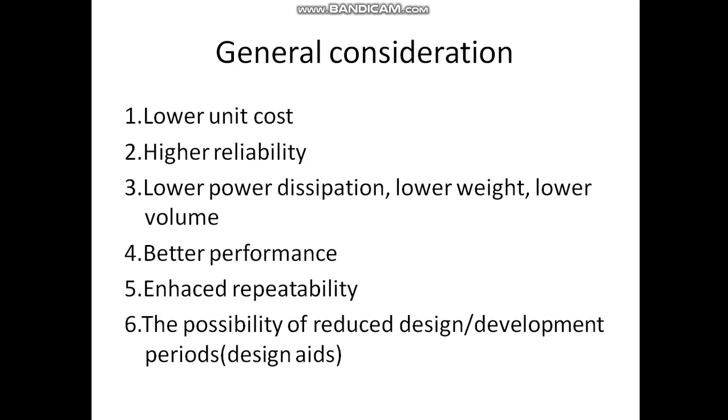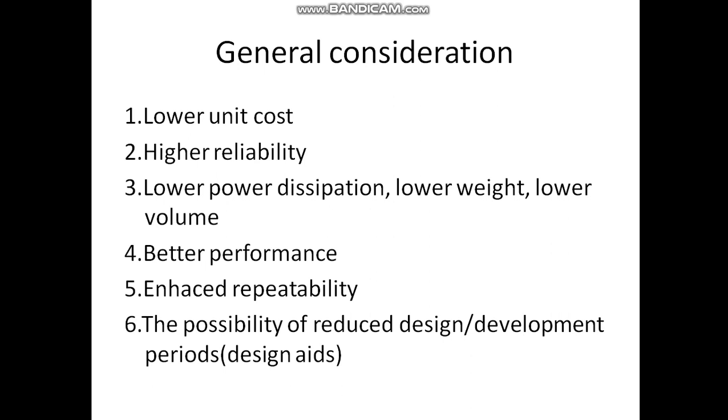Then the power dissipation has to be less, the weight has to be less, and it has to occupy less space. Better performance. There are different parameters to measure the performance. One particular parameter is the power speed product. Enhanced repeatability.